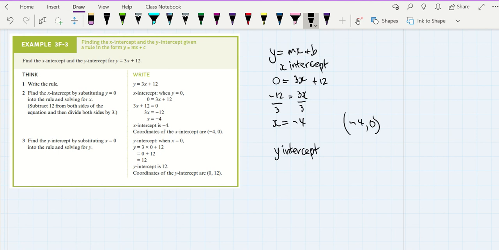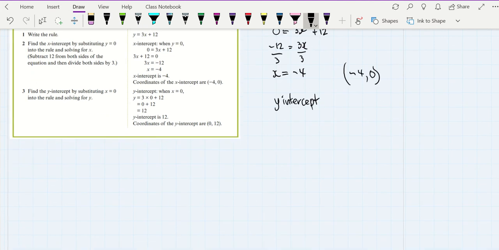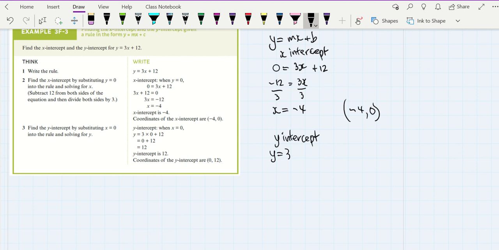Y-intercept, y equals 3 times 0, so we're going to make the x value equal 0, plus 12. Well, 3 times 0 is 0, and 0 plus 12 is 12. So y equals 12.